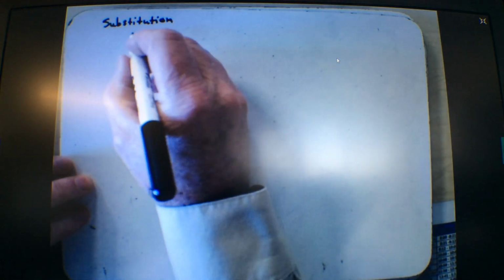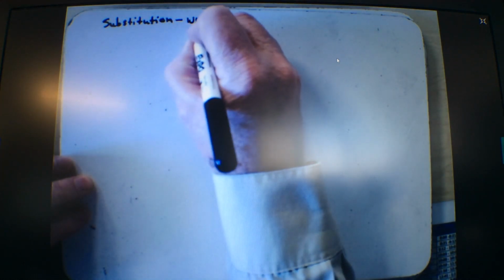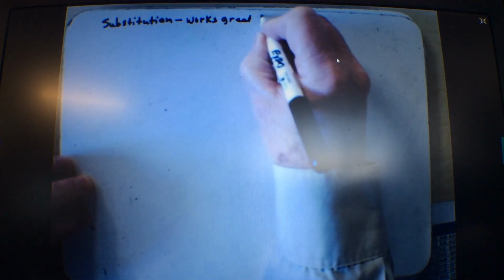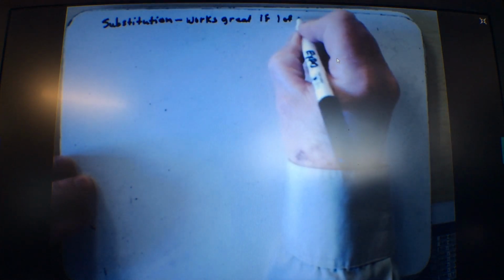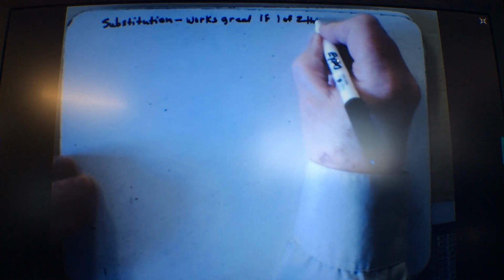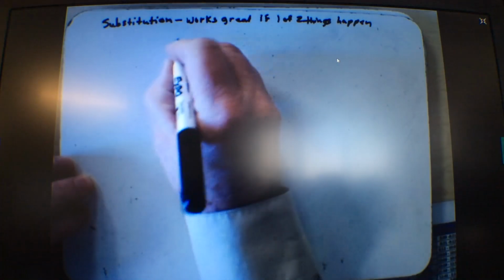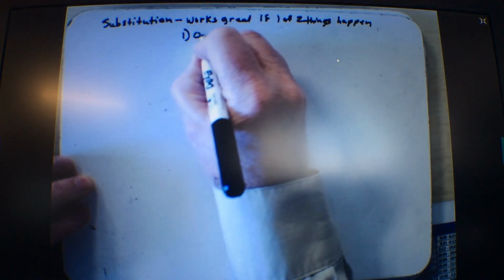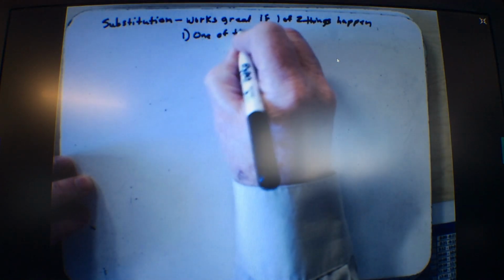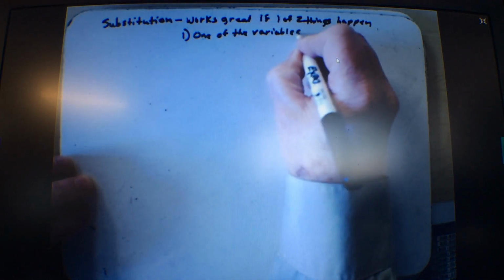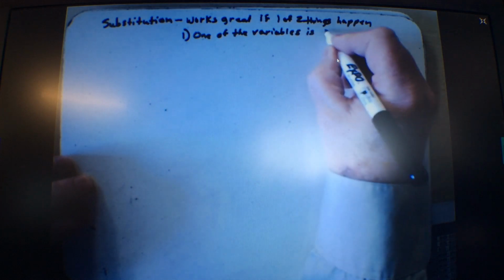Now let's talk about the form. In substitution, it works great if one of two things happens. The first one is one of the variables is solved for.